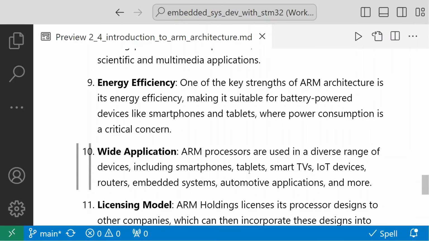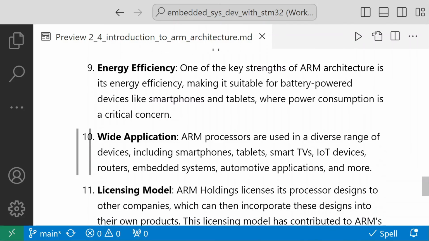Wide application. ARM processors are used in a diverse range of devices, including smartphones, tablets, smart TVs, IoT devices, routers, embedded systems, automotive applications, and more. These days, ARM is everywhere. That's the reason learning ARM is very crucial for embedded engineers.